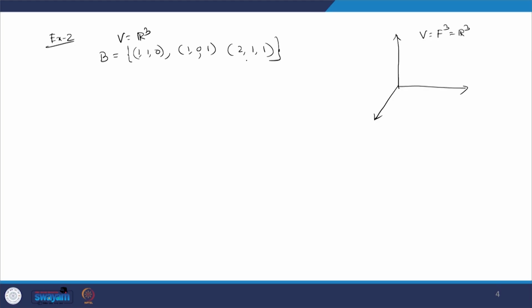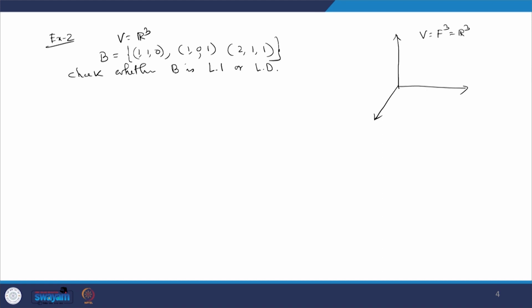Now, let me quickly check whether this set B is linearly independent or dependent.